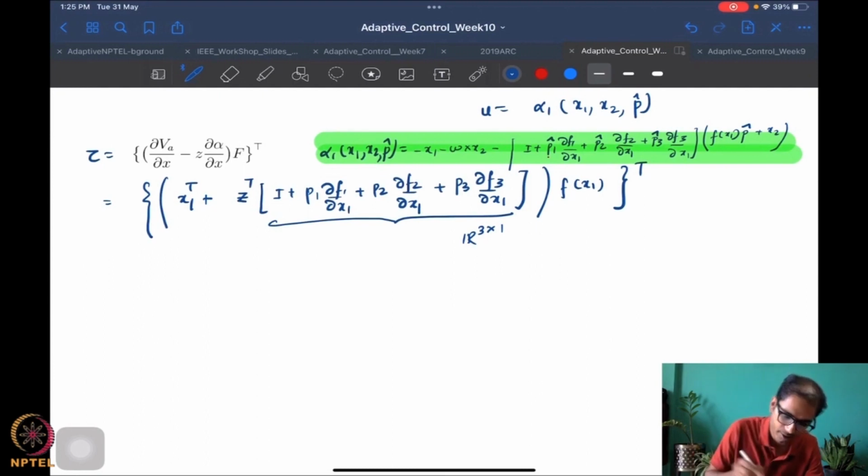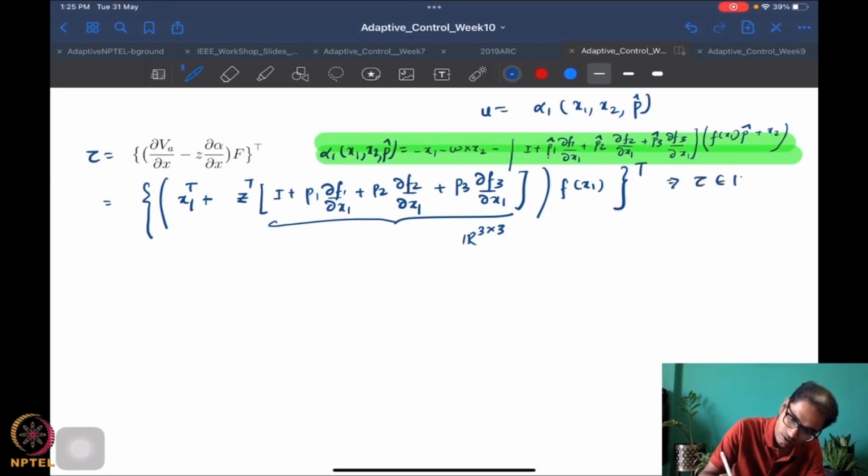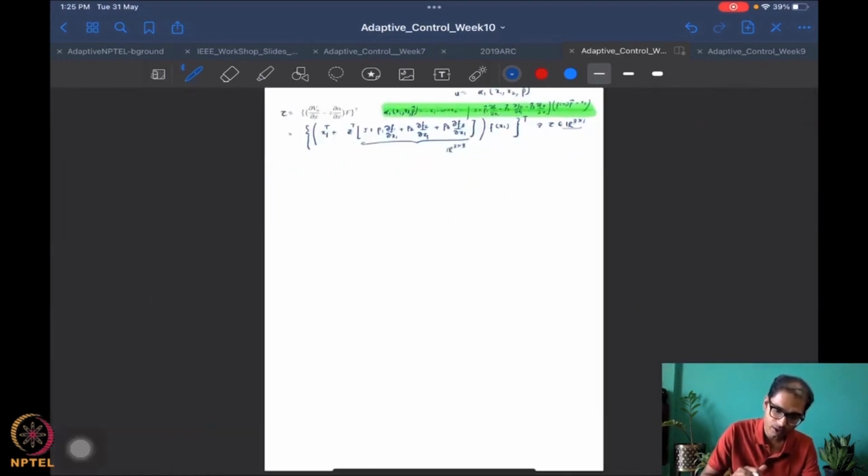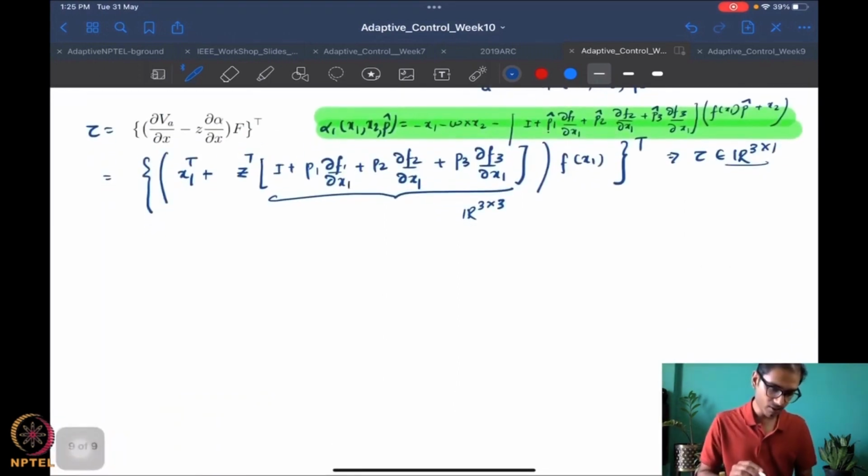So this is 3 by 3, so this is 1 by 3 times 3 by 3, so this is fine. 1 by 3, this is 3 by 3, so this is 3 by 1, which implies tau belongs to R 3 by 1, and that should be fine. I think this is correct. This should be Z transpose.